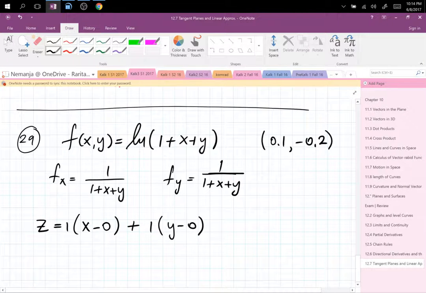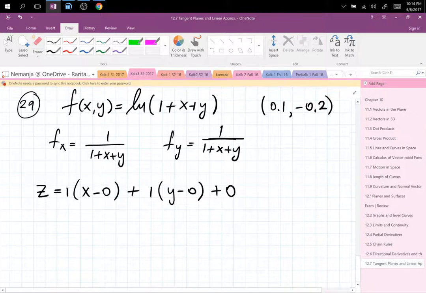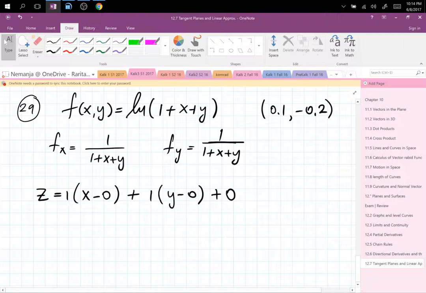And then to compute at 0, 0, ln of 1 is also 0. So we have plus 0. So the equation of the tangent plane is z equals x plus y. That's all it is. So that's the tangent plane.